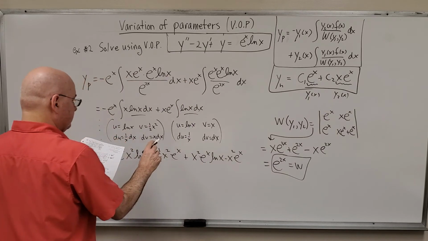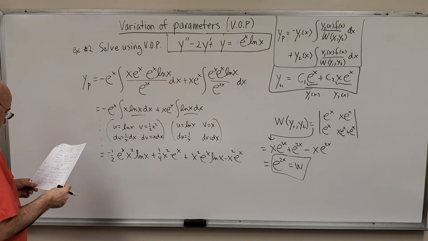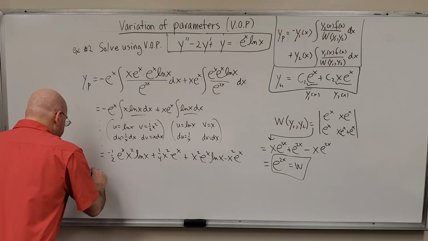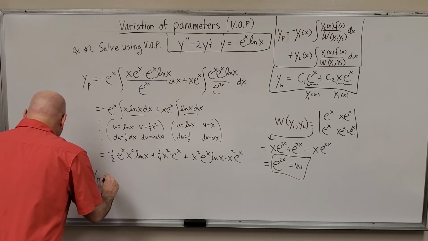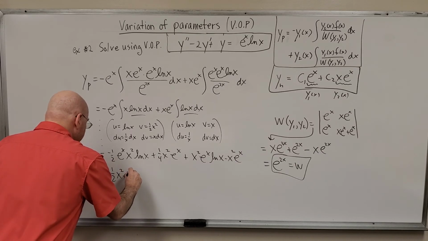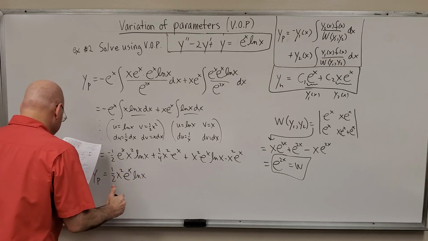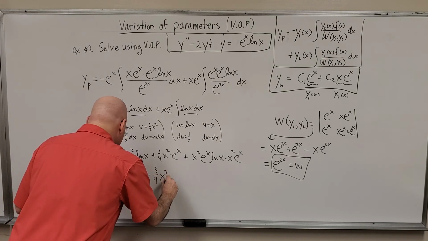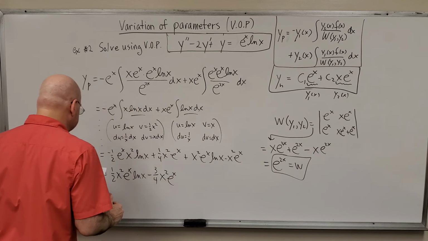So combining like terms, we get yp is equal to 1/2 x squared e to the x ln x minus 3/4 x squared e to the x.